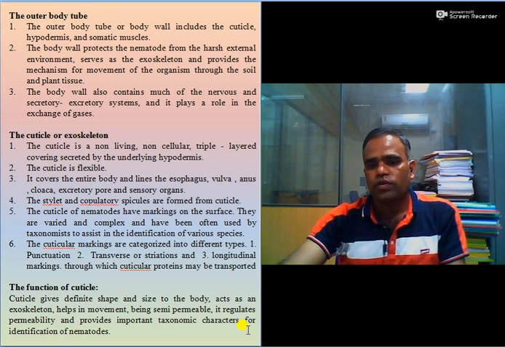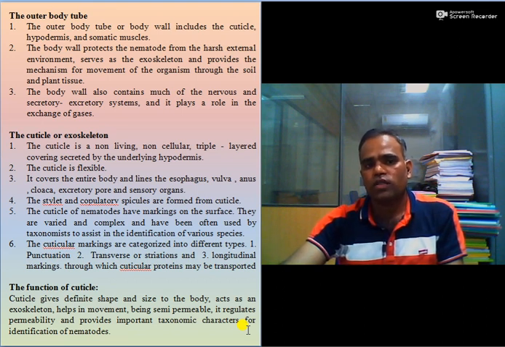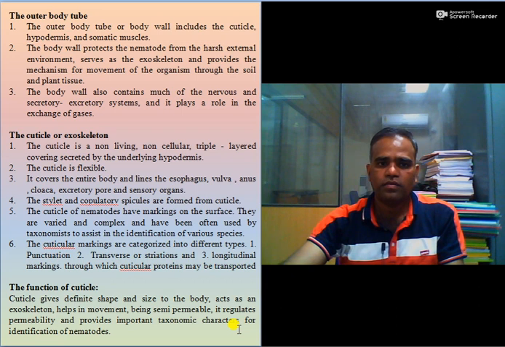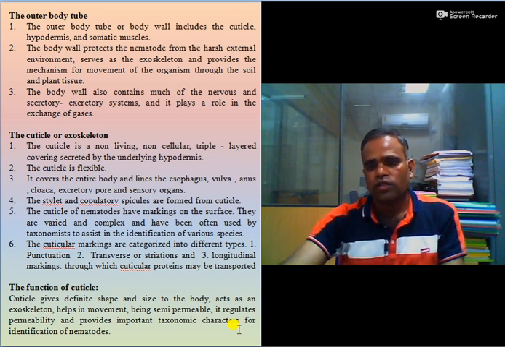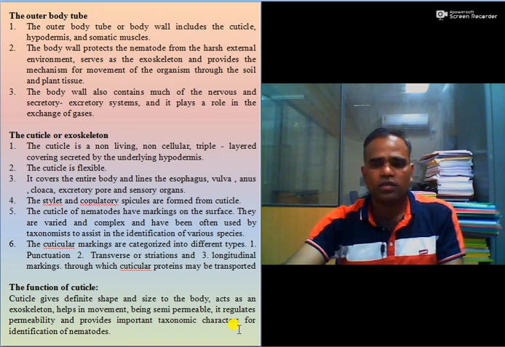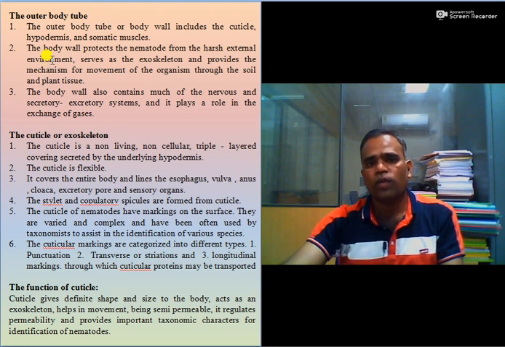So now we will learn about the outer body tube and inner body tube. The outer body tube is nothing but the cuticle, which contains cuticle, hypodermis and somatic muscles. The body wall protects the nematode from harsh external environment.